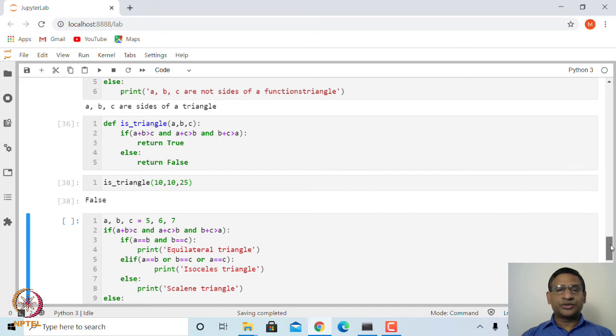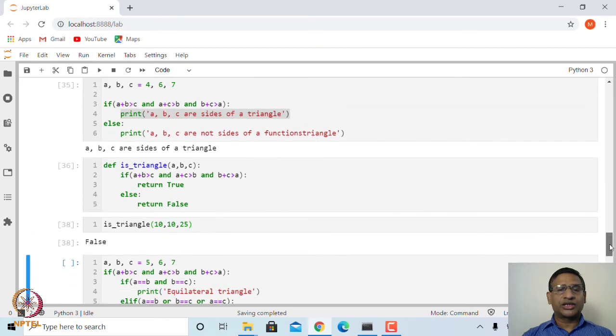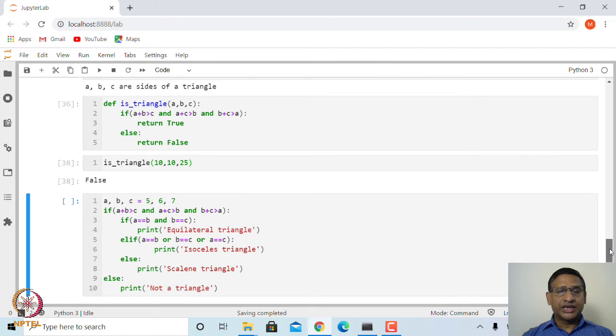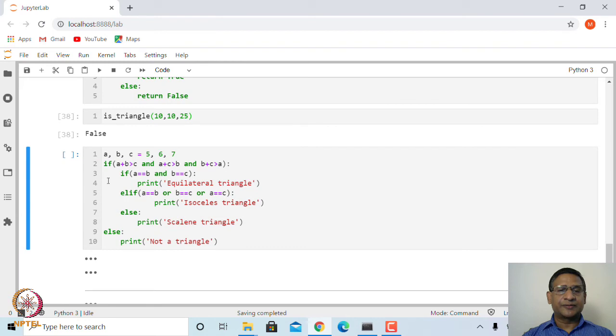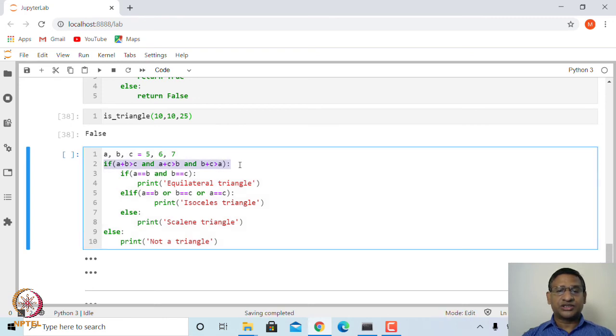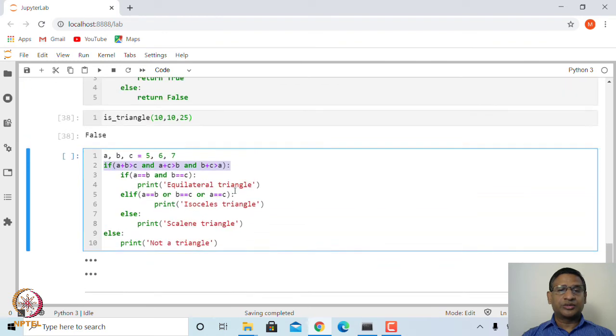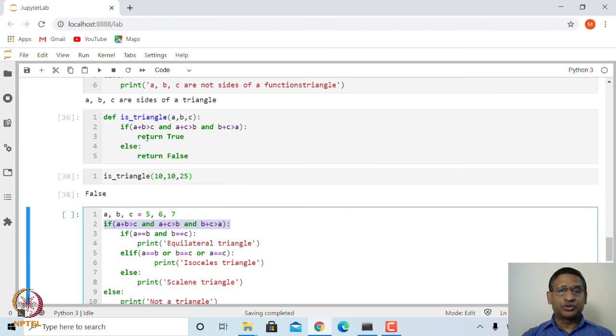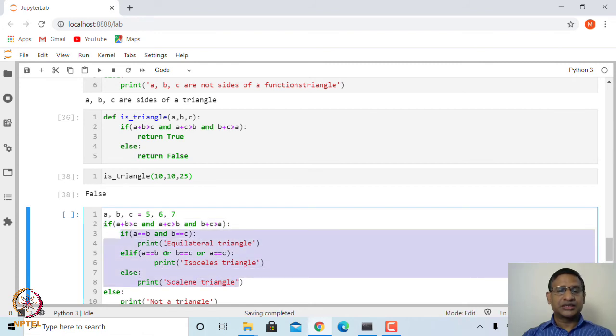Suppose instead of just printing whether it forms a triangle or not, in case it forms a triangle, we want to check whether it is an equilateral triangle or isosceles triangle or a scalene triangle. In that case, we can check if a plus b is greater than c and so on. This is the first condition to check if it is a triangle. If this is true, then we look at another if else. In case a equal to b and b equal to c, it will be an equilateral triangle.